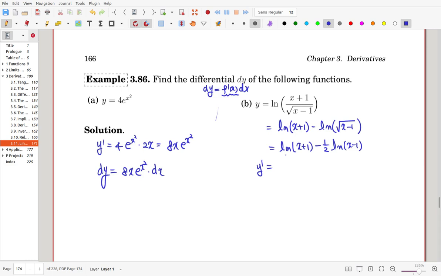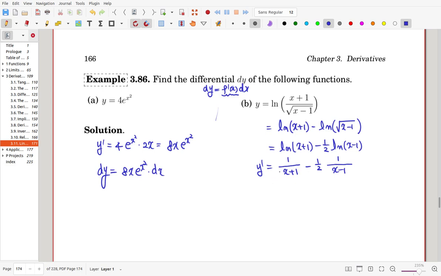The derivative of the logarithm of a function f(x) is f prime over f. So that, the derivative is 1, and the bottom must be f. Now, minus half, and here that is x minus 1, and its derivative is 1.